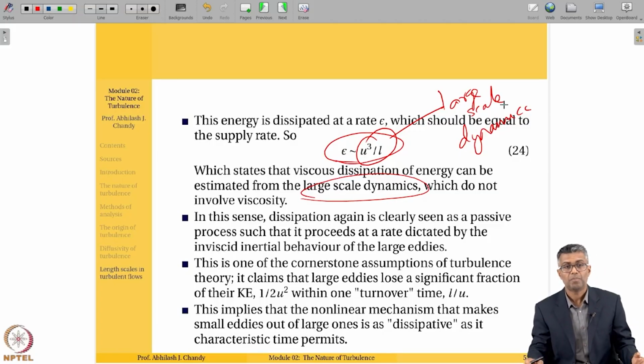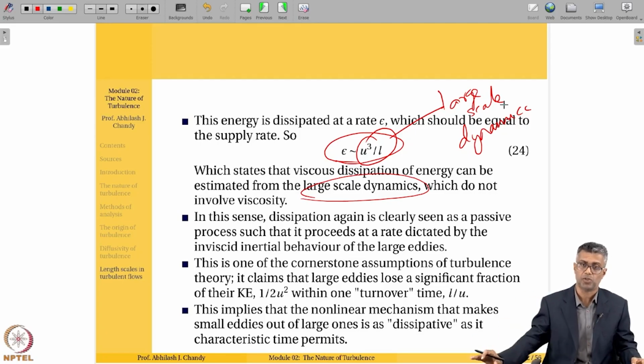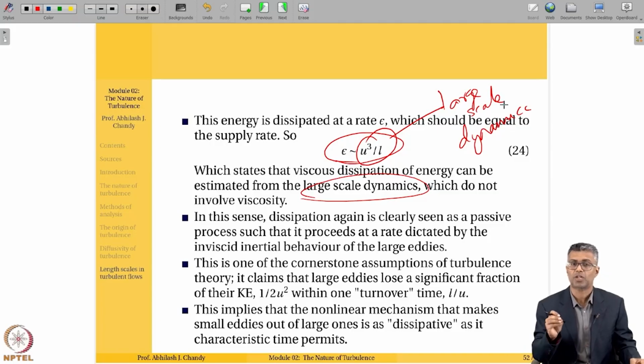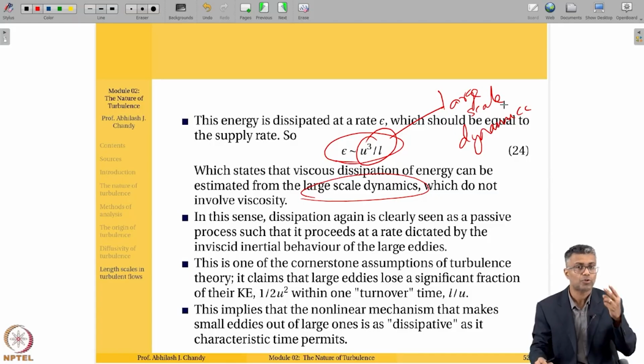That makes sense because the energy cascade is happening at the rate at which energy is being dissipated at the small scales, and the mechanism that causes the dissipation is viscosity. Then we assumed that the dissipation rate can be related to the large scale dynamics, which is how we came up with equation 24: the dissipation rate is of the order of magnitude of U cube over L.